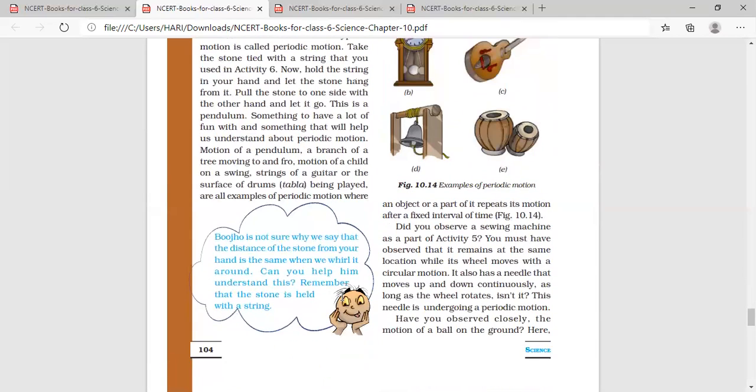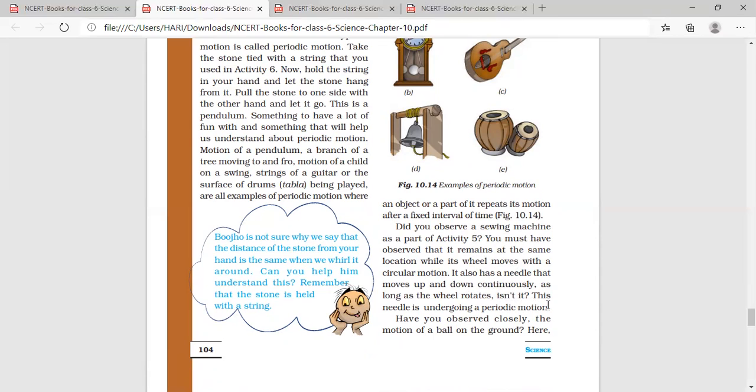And now we'll see. Did you observe a sewing machine as a part of activity 5? You must have observed that it remains at the same location while its wheel moves with a circular motion. It also has a needle that moves up and down continuously as long as the wheel rotates, isn't it? This needle is undergoing a periodic motion.